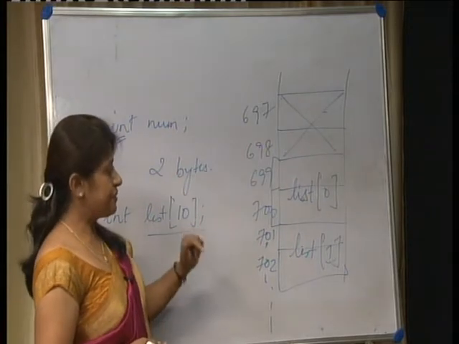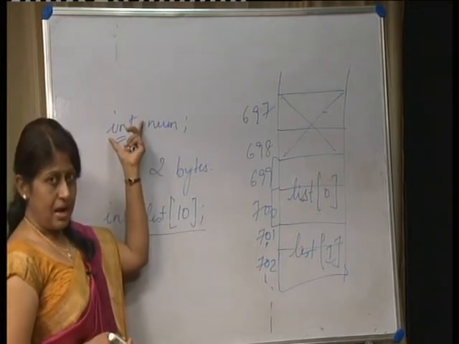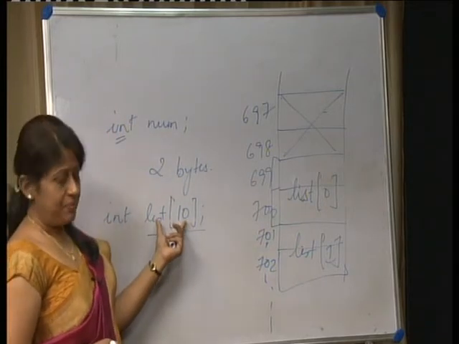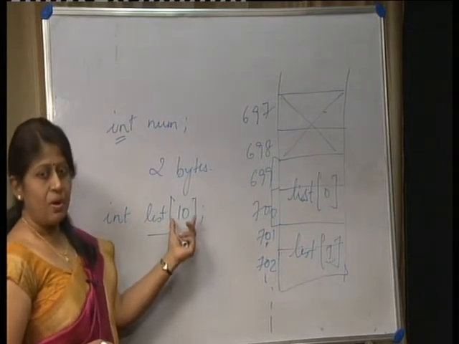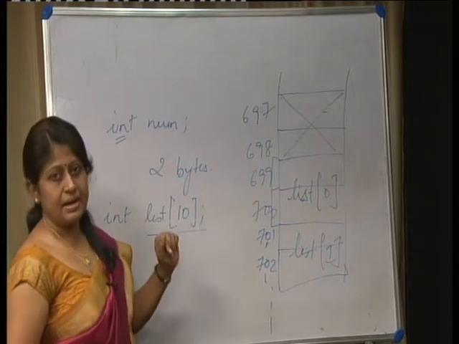So that is the difference between a basic data type such as an integer and the composite data type, that is the array. An array is always a collection of simple data types.